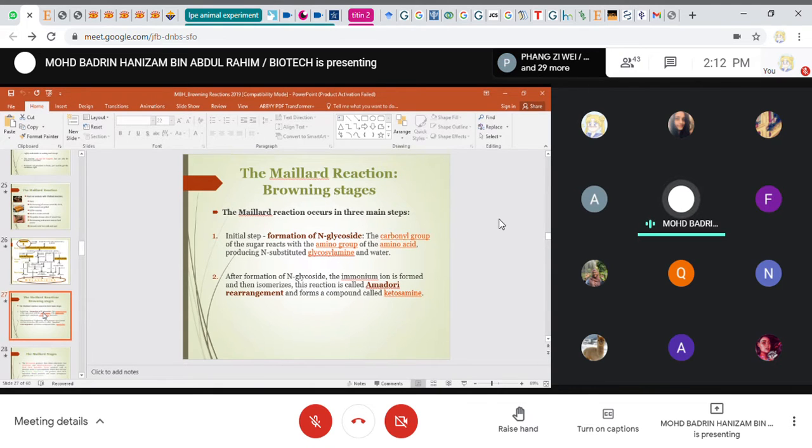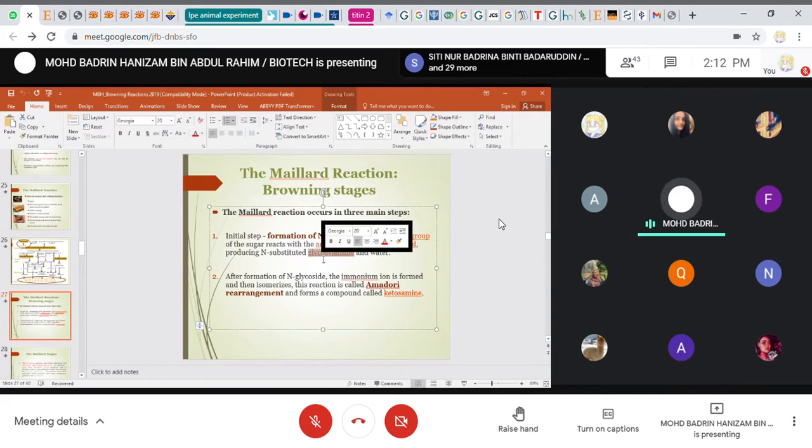In this initial step you produce glycosylamine, meaning glyco, a sugar, combined with the amino group from the amino acid. The carbonyl group of the sugar reacts with the amino group of the amino acid, producing N-substituted glycosylamine and water. These two are the products of this first, initial step of the Maillard reaction.